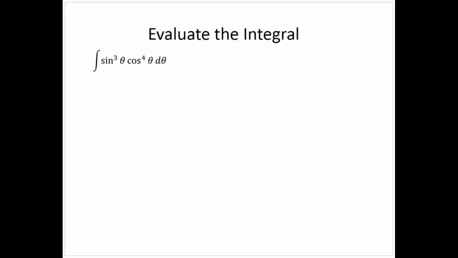So here's what I'm going to do. I'm going to split up this sine cubed theta. I'm going to rewrite the integral as sine squared theta times cosine fourth theta times sine theta d theta. Why did I do that?